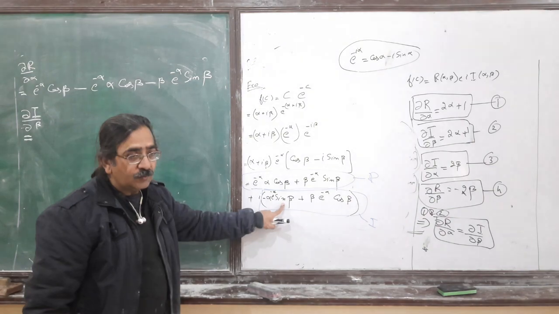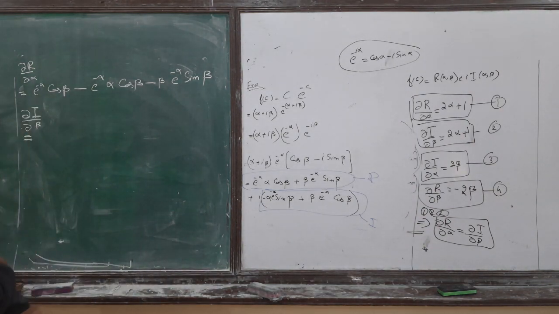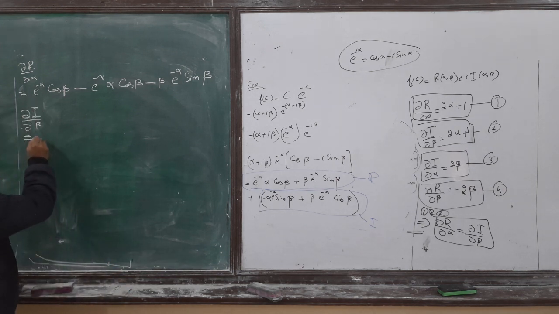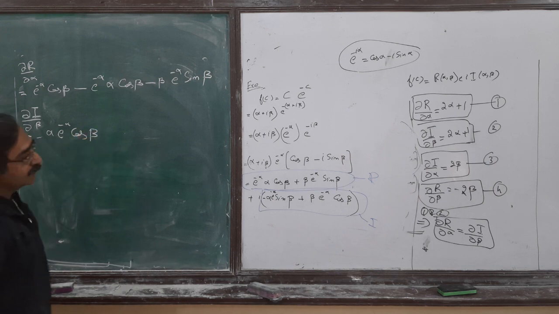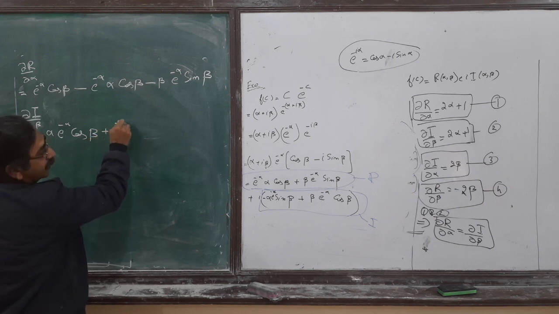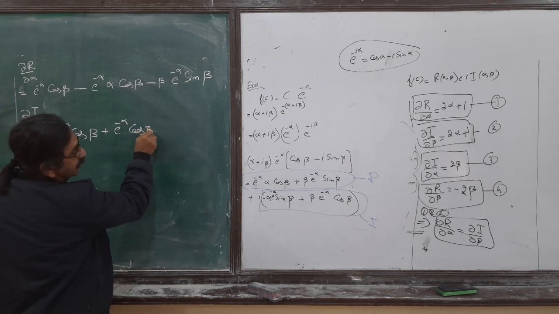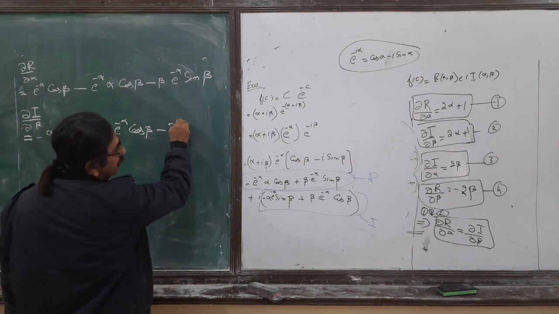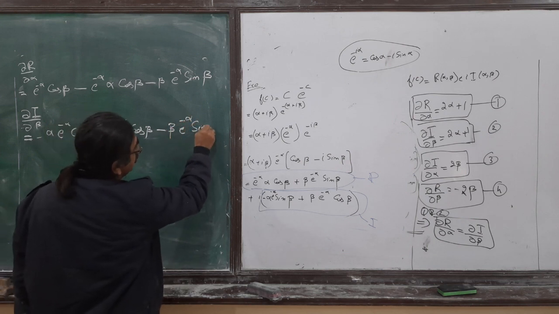With respect to beta: minus alpha e to the minus alpha, derivative of cos beta, plus e to the minus alpha cos beta minus beta e to the minus alpha sin beta.